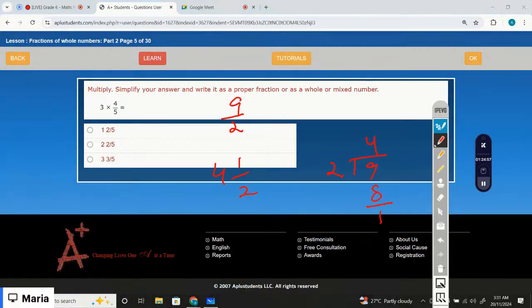So you have to divide 12 by 5. So 5 times 2 is 10. Here you have 2. Sorry, that is 2 whole 2 over 5. The correct option is 2 whole 2 by 5. Option number 2 is the correct option.